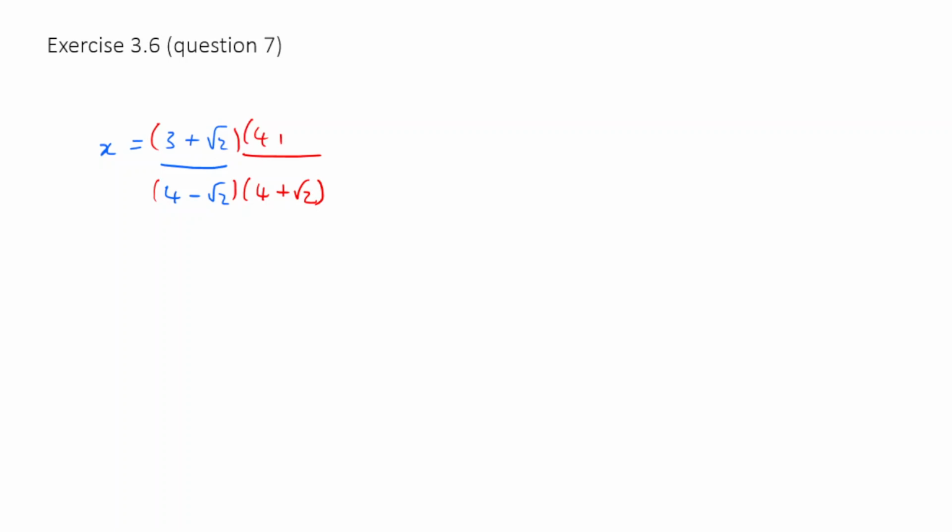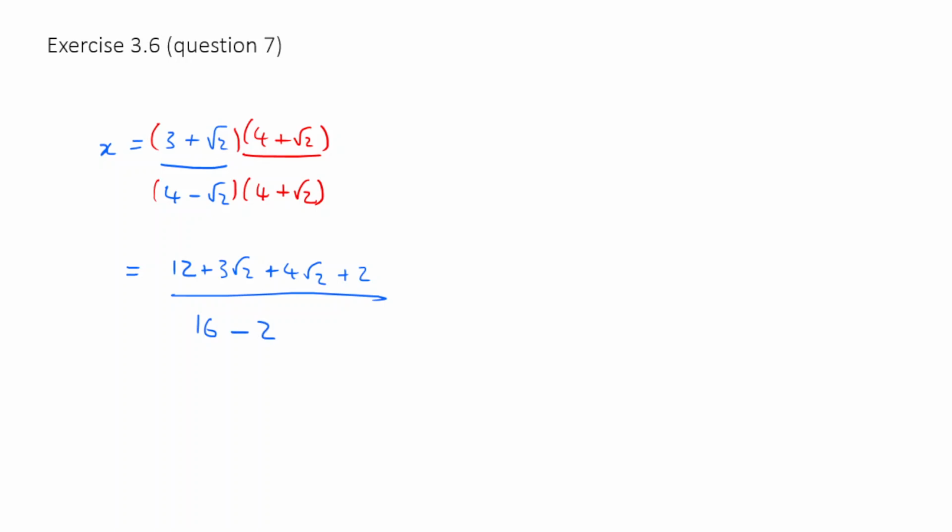Okay. And so if I multiply out the top, I'm going to get 3 times 4, 12. 3 times root 2, which is 3 root 2. Root 2 times 4, which is 4 root 2. Root 2 times root 2, which is 2. Divided by 4 times 4, which is 16. 4 root 2 and minus 4 root 2, which of course is 0.